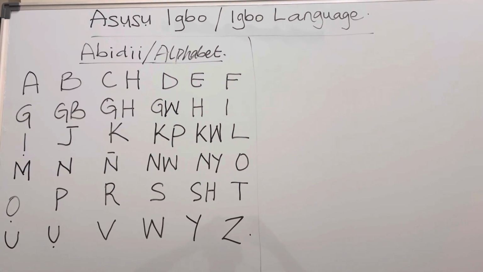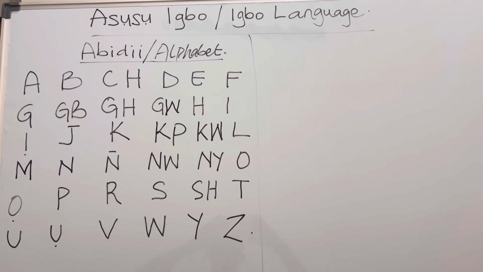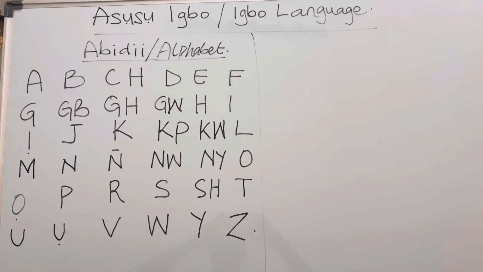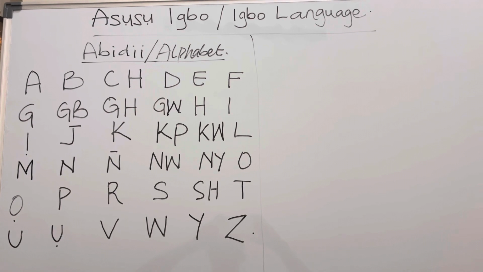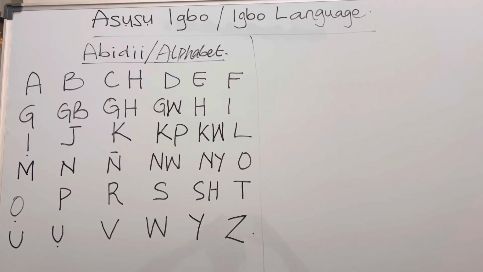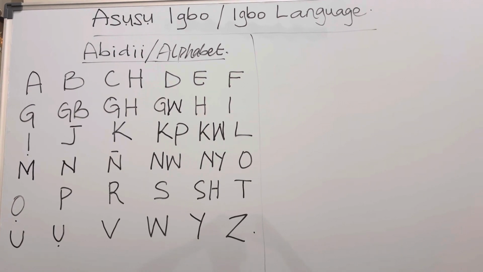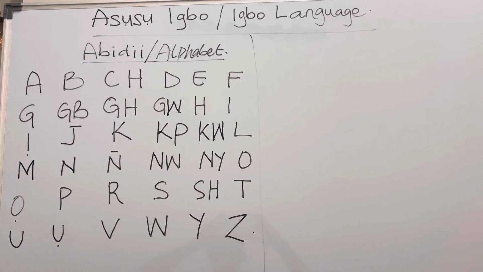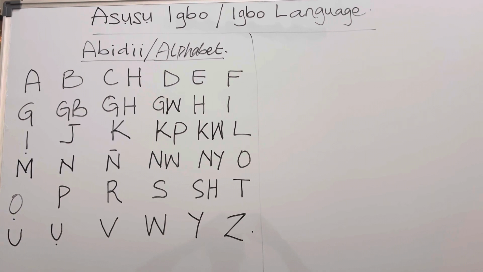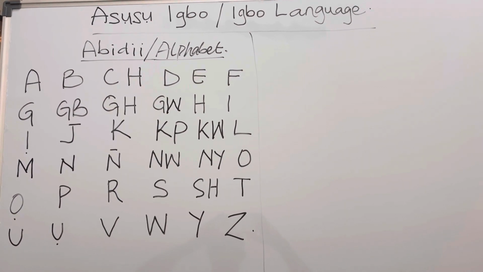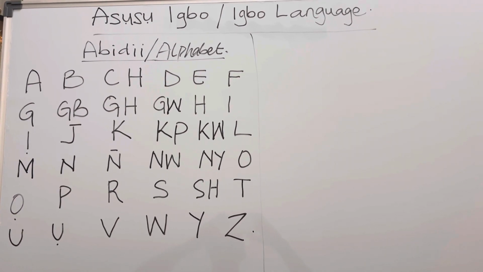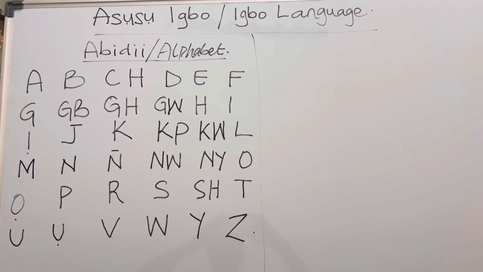We have I and we have I with a dot. It is differentiated by having a dot at the bottom. That's the difference. When we move ahead into the pronunciation of words, you will be able to know how they are pronounced in words correctly.